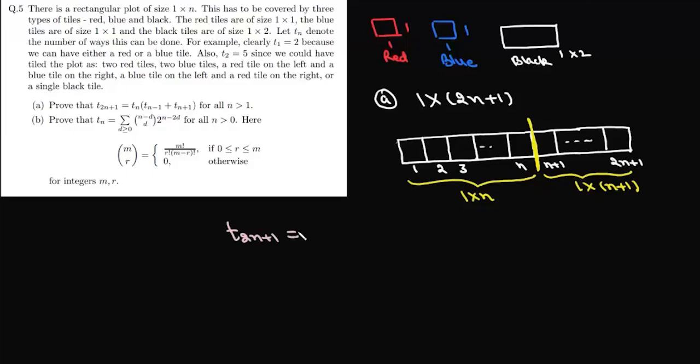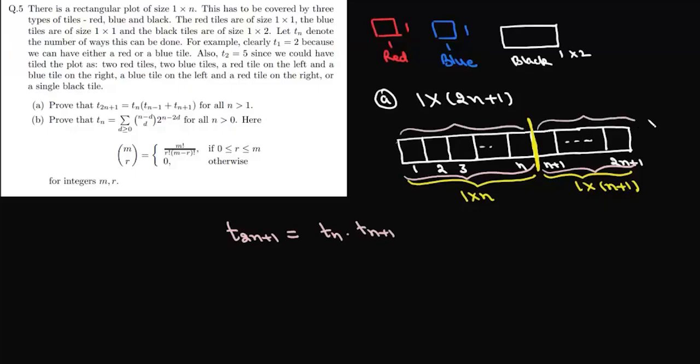One way of doing it is to arrange tiles in this 1 cross n plot in Tn ways, and the remaining n plus 1 in Tn plus 1 ways. So this is one of the ways of tiling this plot. Here we have assumed these 2 portions are separate entities.